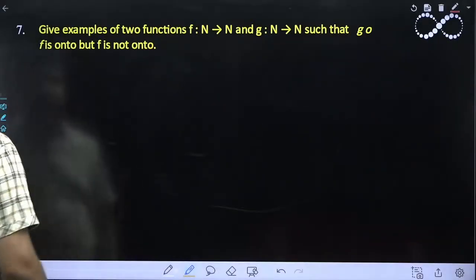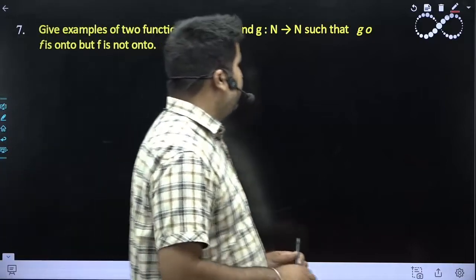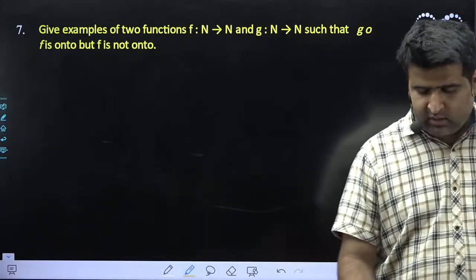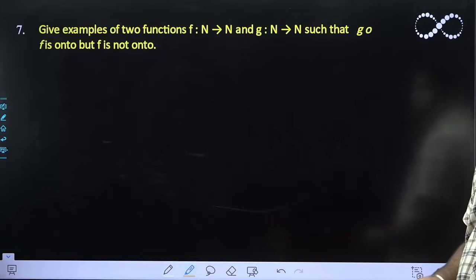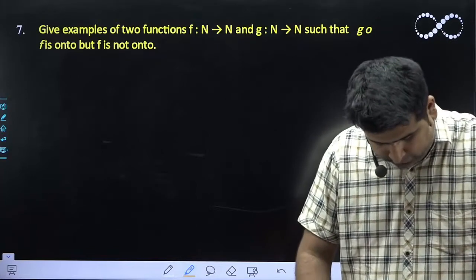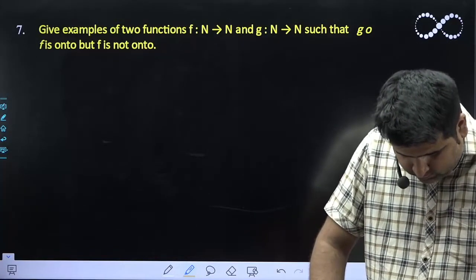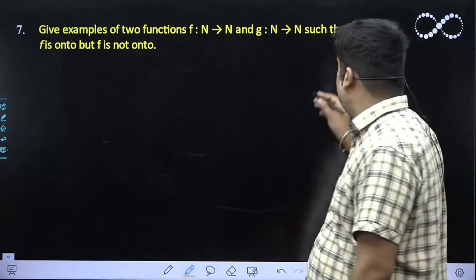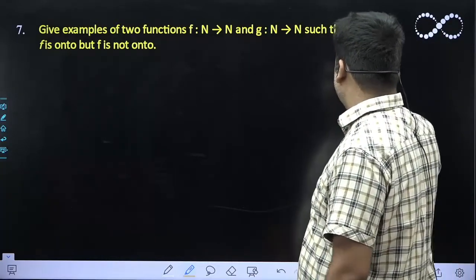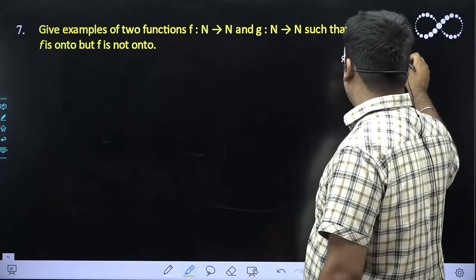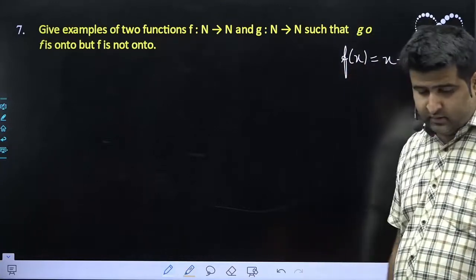Give examples of two functions f: N to N and g: N to N such that g of f is onto but f is not onto. So in this case, we'll take two examples. Let's say the first example, f x is equal to x plus 1, right?